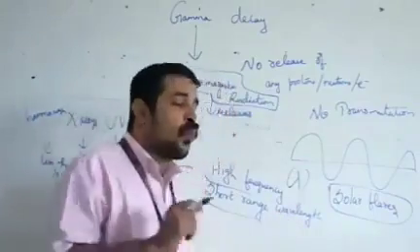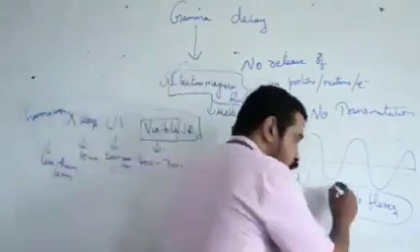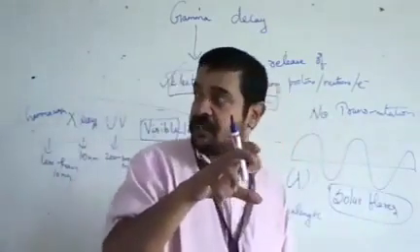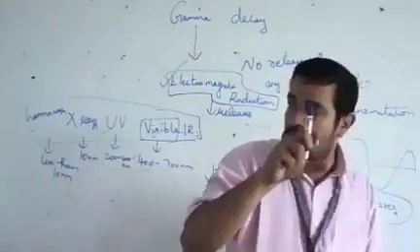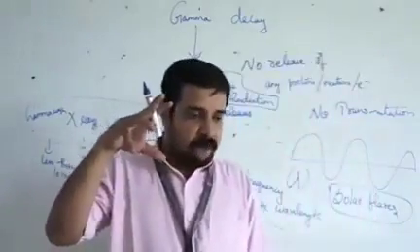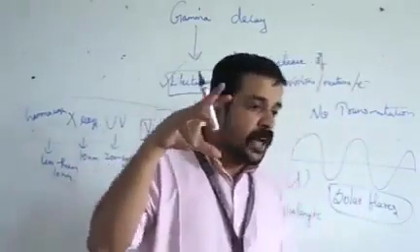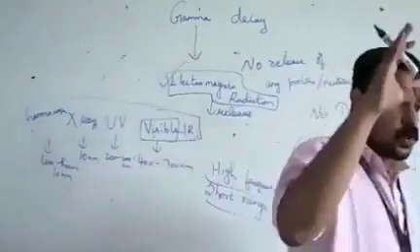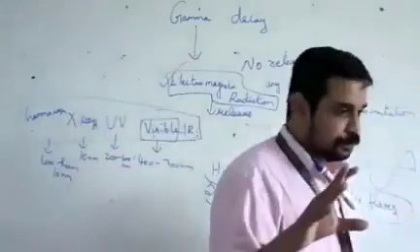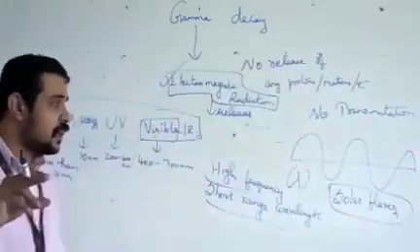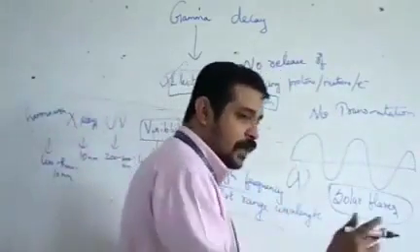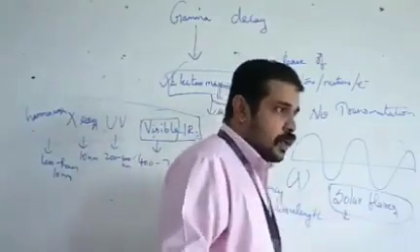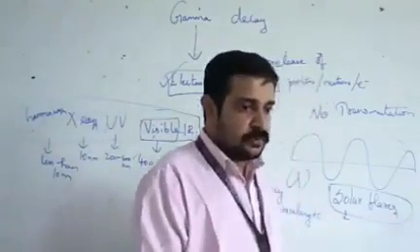And what happens during the formation of solar flares? The brightness or the intensity of the sunlight is going to increase like anything, and because of that, the temperature on the earth is also going to increase. This happens for a few seconds to a minute.